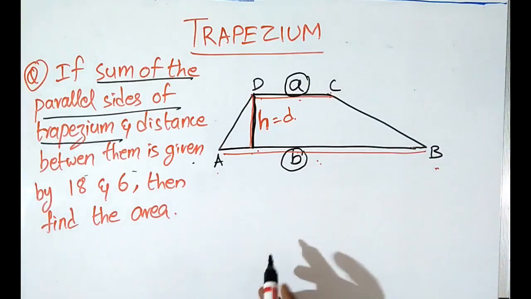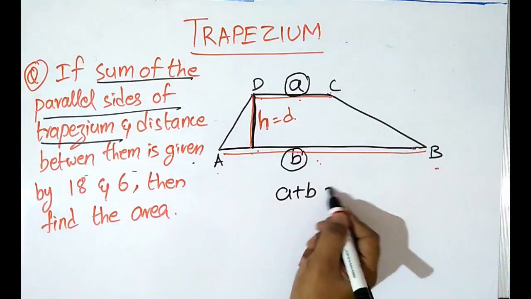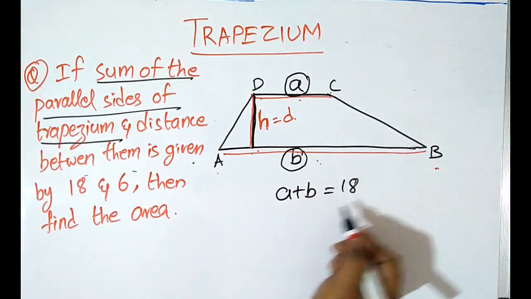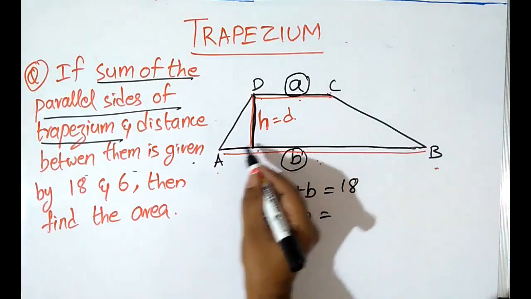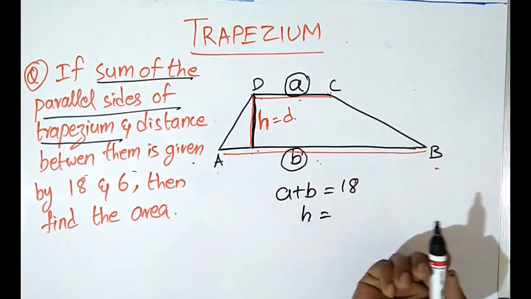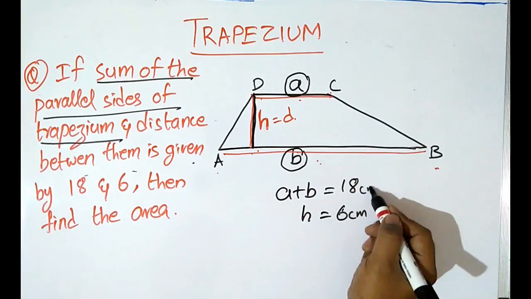Then find the area. See friends, here the sum of the parallel sides, that is A plus B, is given as 18, and the distance between them, that is h, is given, which is 6 centimeters.